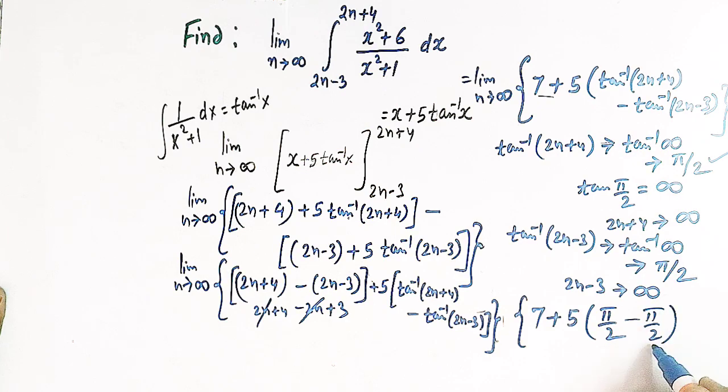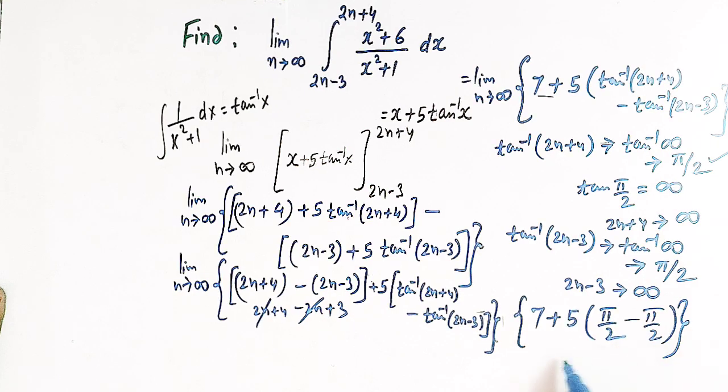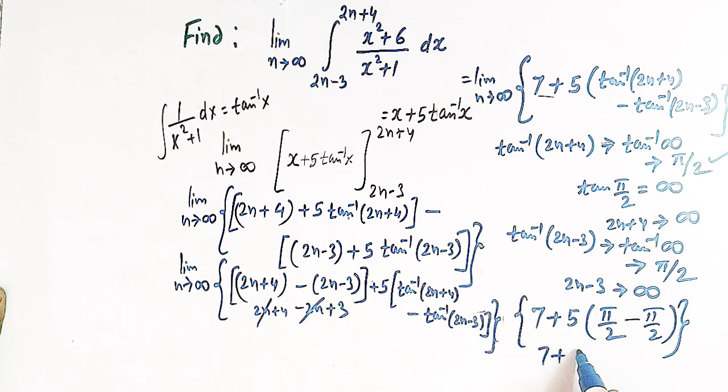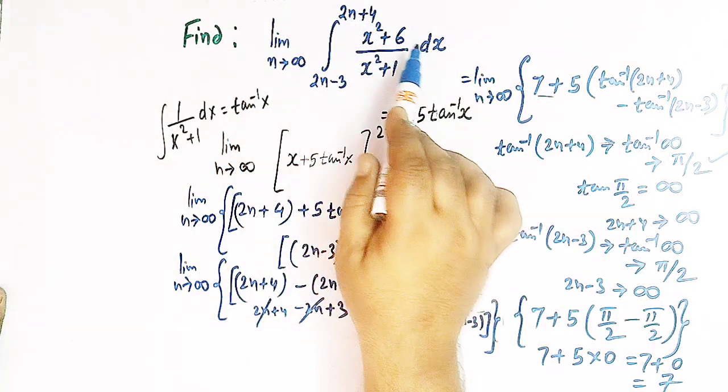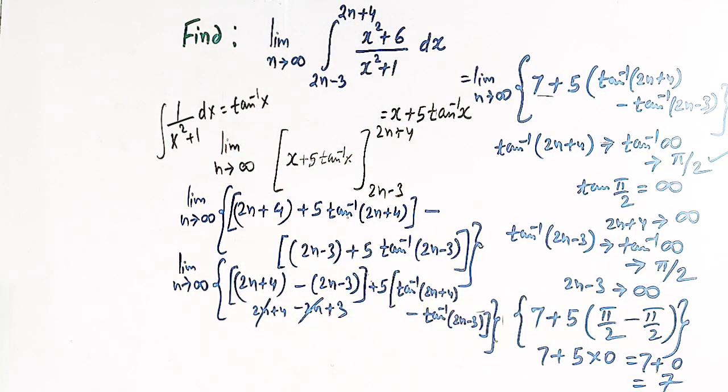Now pi by 2 minus pi by 2 is 0. So we have 7 plus 5 times 0, that is 7 plus 0, which is equal to 7. So the value of this expression is equal to 7.